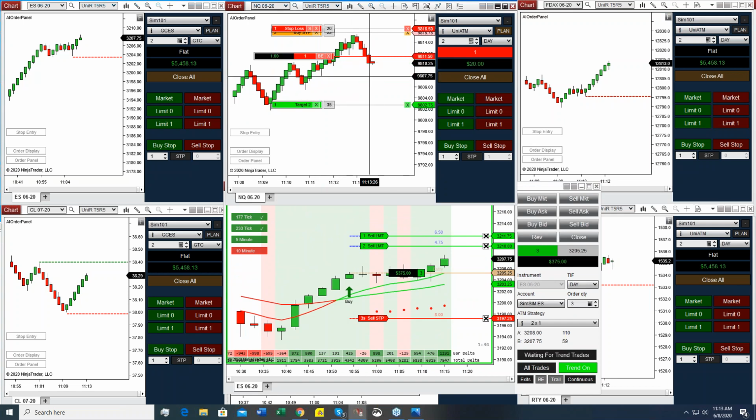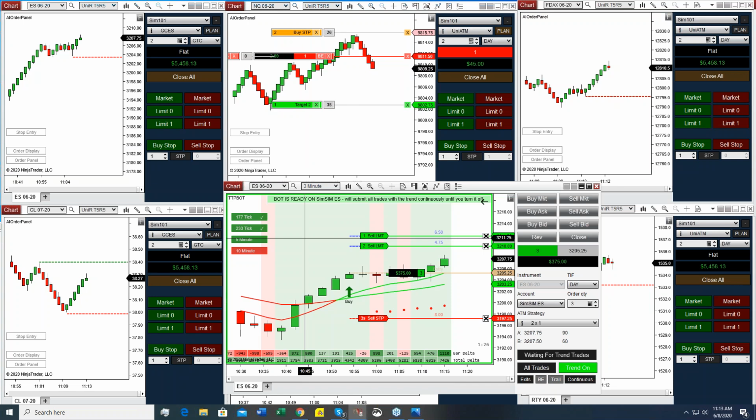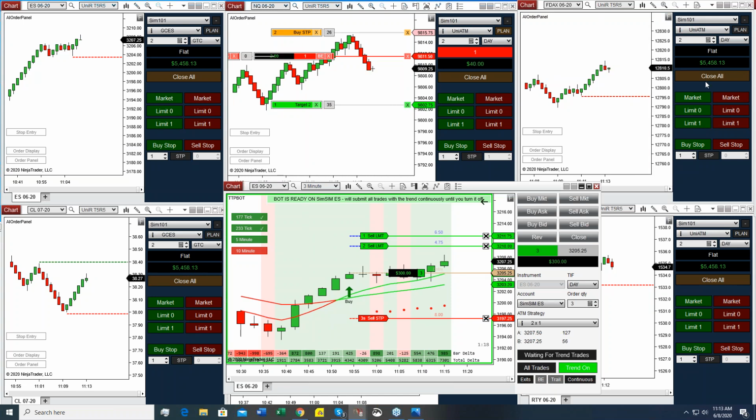Target filled. First target filled. Break even. I mean, guys, now imagine, I'm showing it with this thing has done $5,400 trading 2 cars. If you were trading 5 cars, just saying, right?